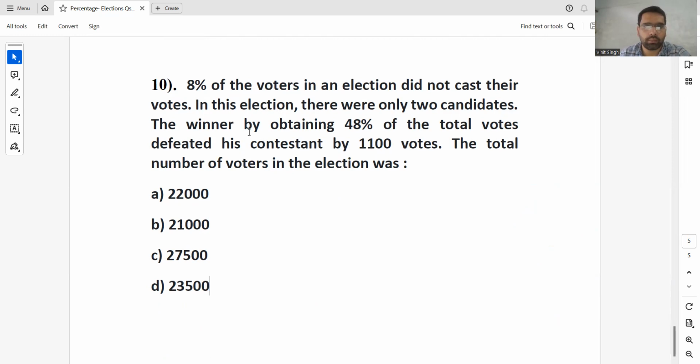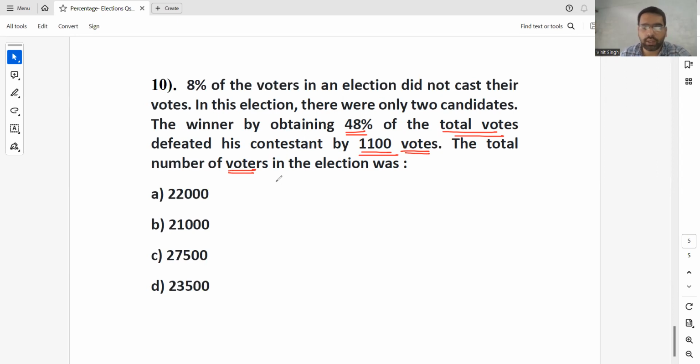The winner obtained 48% of the total votes and defeated his contestant by 1,100 votes. Find the total number of voters in the election.